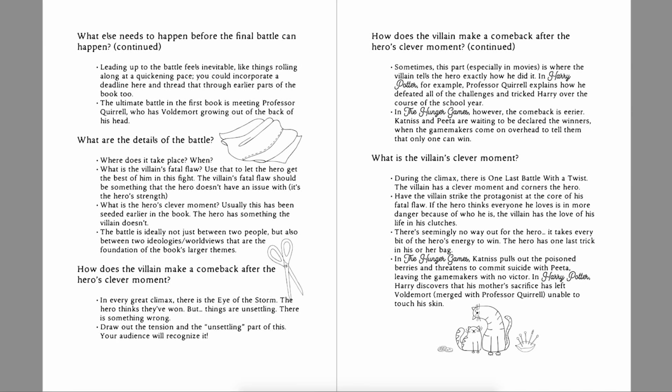So this is the Eye of the Storm, and in the Hunger Games, this is really kind of dark what happens. Katniss and Peeta think they've won, but Cato goes over the edge, and instead of just dying, they don't let him just die.